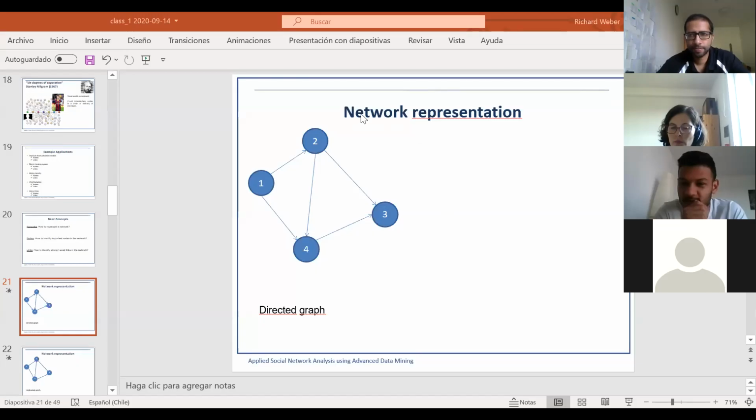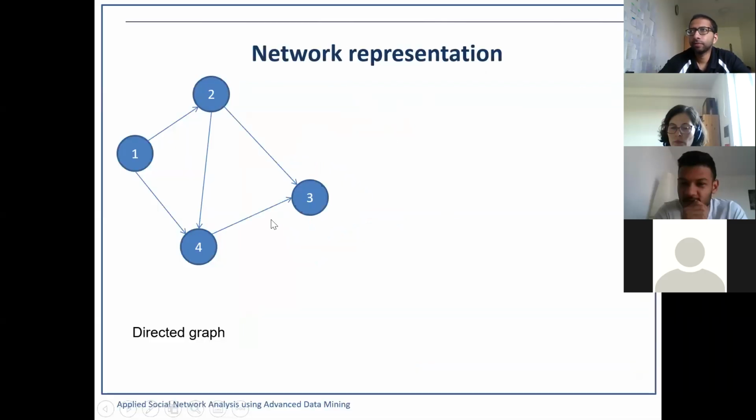So do you see now network representation? Yes. Okay, great. But this is your PowerPoint? Yeah, it's my PowerPoint, which says network representation. Now it's the presenter mode again.